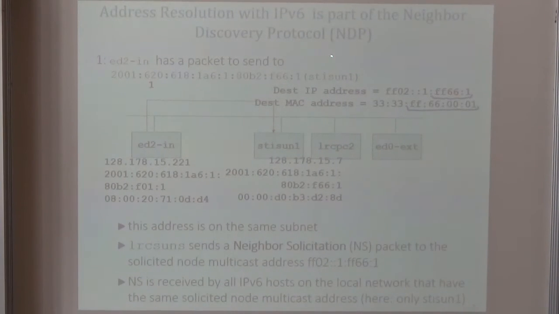In particular here, ARP is not called ARP, but is a part of what is called the Neighbor Discovery Protocol, NDP, which is an application layer protocol or a management protocol that is inside IP packets. It's part of what is called ICMP in IPv4, so the control packets here.